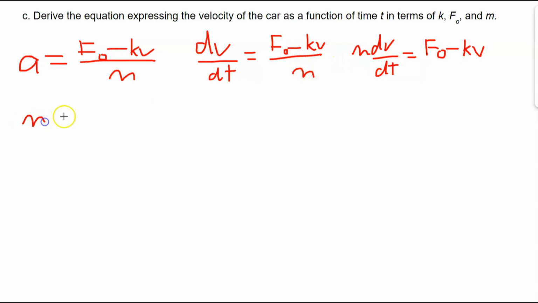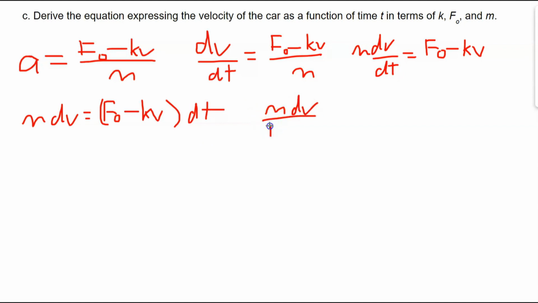So m dv is equal to F sub naught minus kv, all of that times dt. And then finally, we can divide F sub naught minus kv on both sides and have m dv over F sub naught minus kv equals dt.